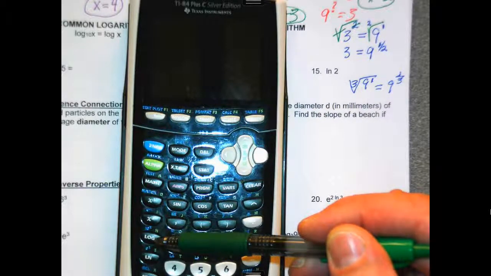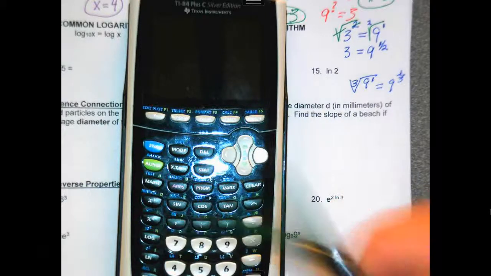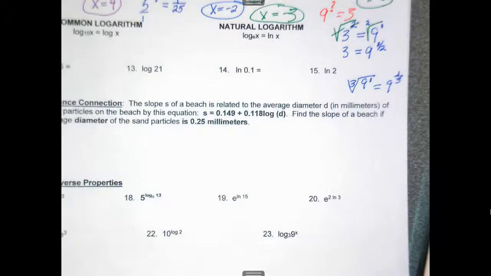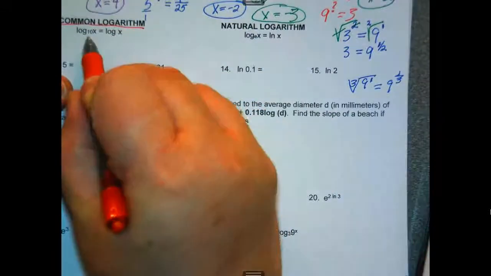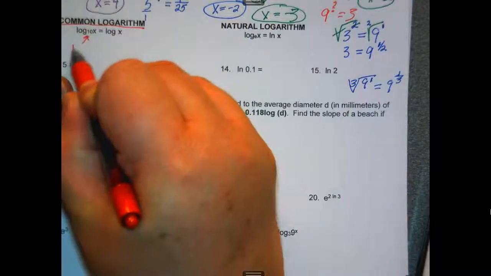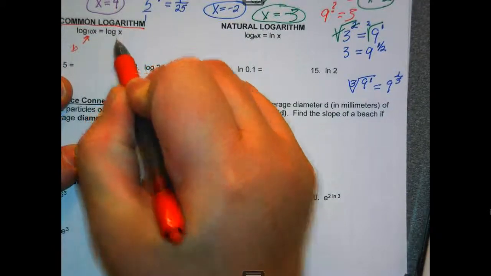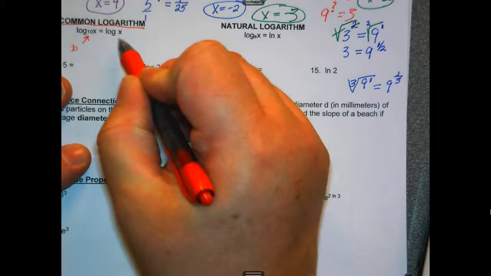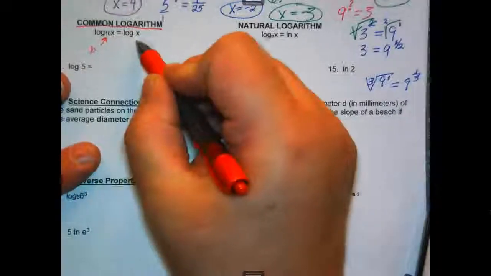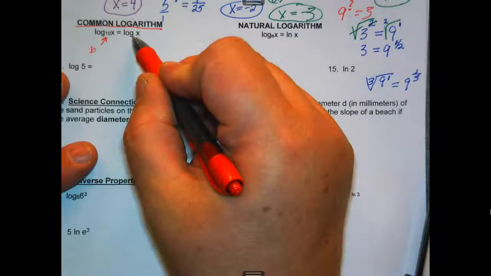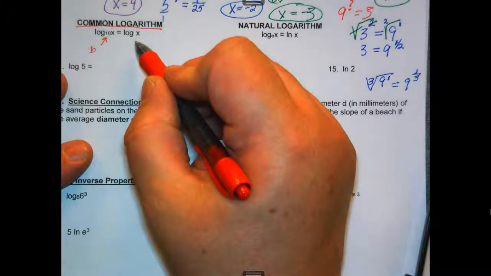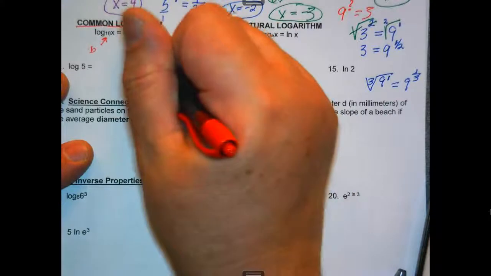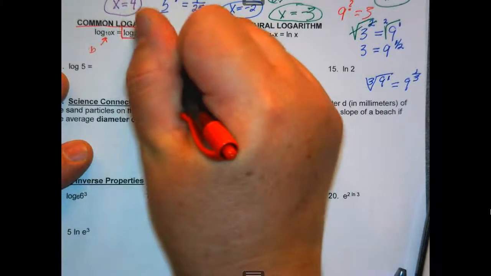If we do not have a base, it's 10. That's called the common log. It's like an exponent of 1. It's there, but we just don't write it. So that's why we have a log base 10 key on our calculator.